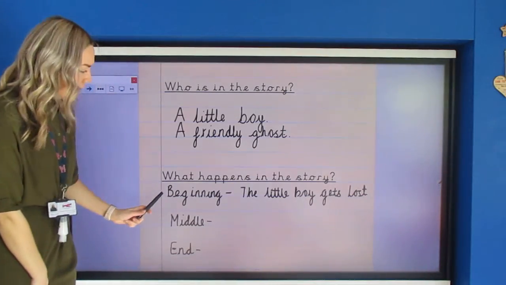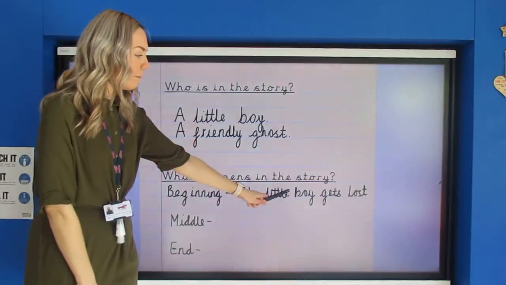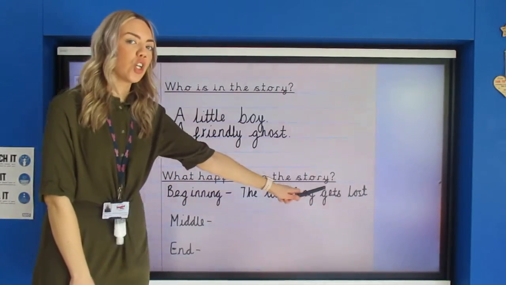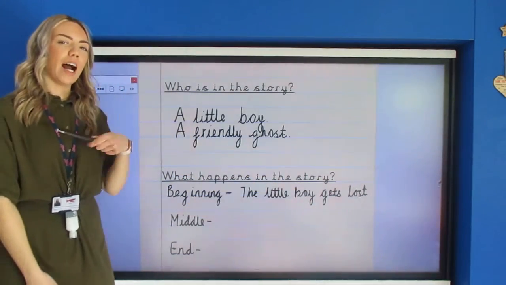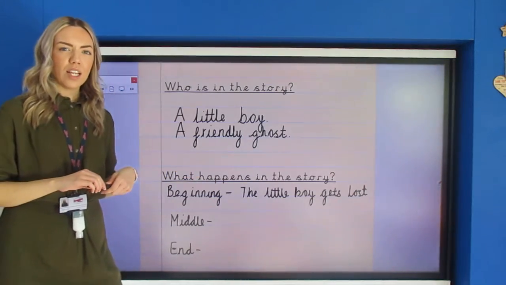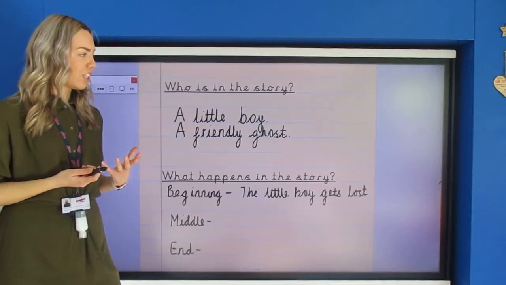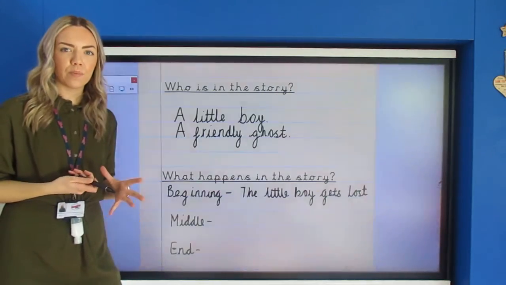So if you look here, I have put the beginning and I've put the little boy gets lost. So I've thought really hard, and I think in my story the boy is going to be walking through the woods and he's going to get lost, okay? He's going to get lost and he's going to find the haunted house.